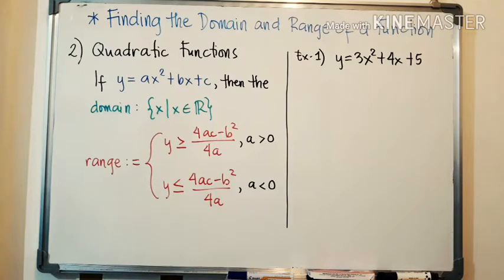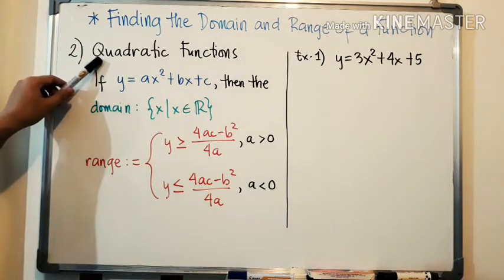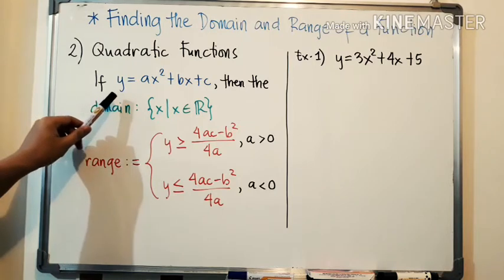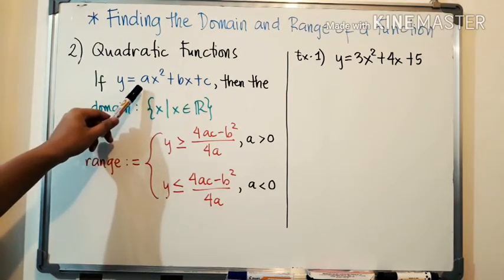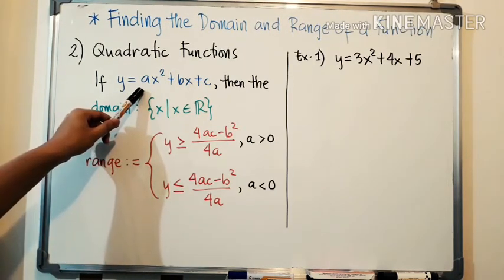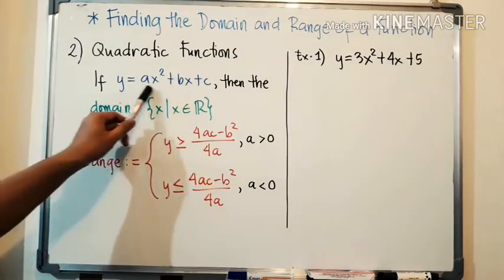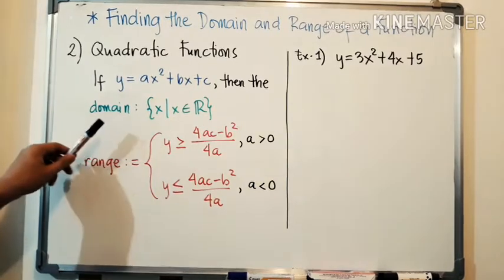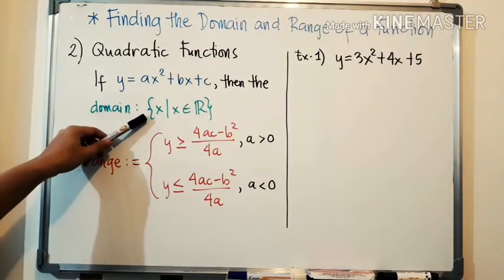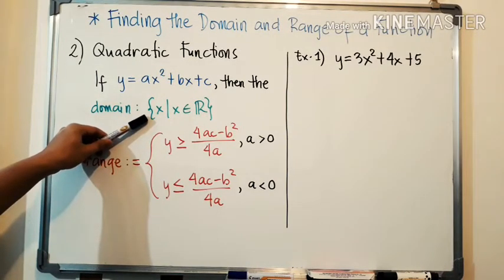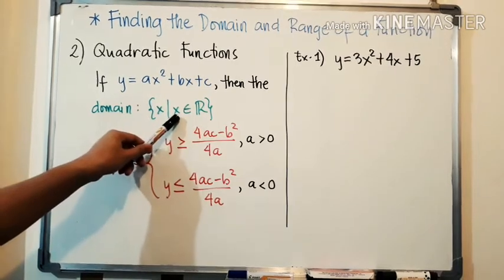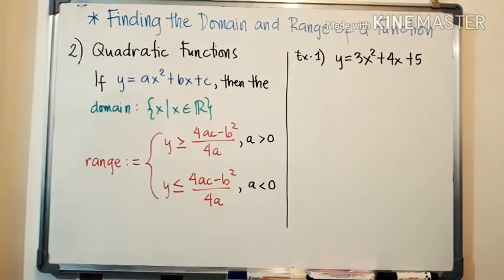Now let's have another type of function, which is quadratic functions. If y is equal to ax squared plus bx plus c, or for a quadratic function, the domain of a quadratic function is the set of all x such that x is an element of the real numbers.